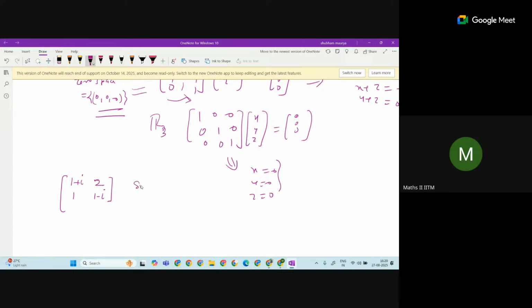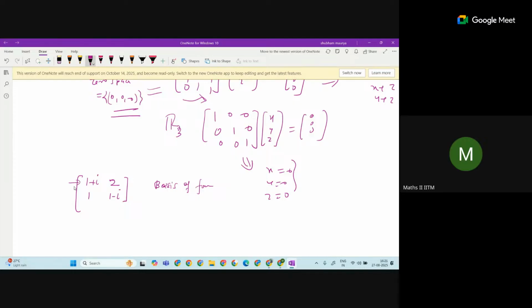So the question is to find the basis for the 4 fundamental spaces. Let's first find the basis of the row space. The row space is generally written as a span of the rows.